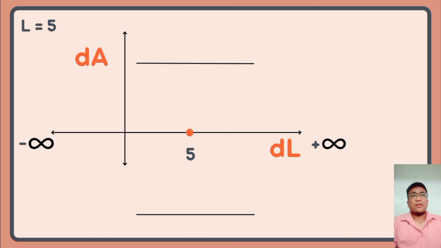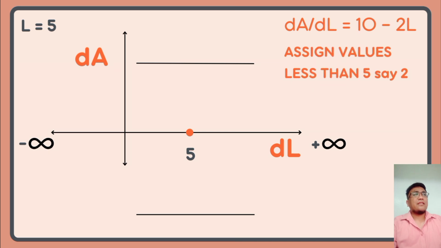Okay, maybe it will curve up or curve down. So I prepare two limits on where the curve might behave. The formula is dA over dL is equal to 10 minus 2L.